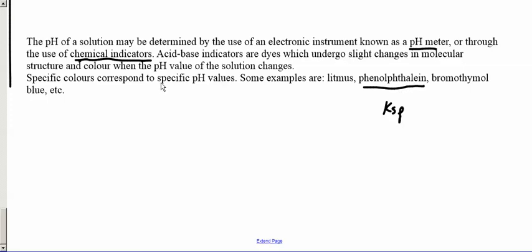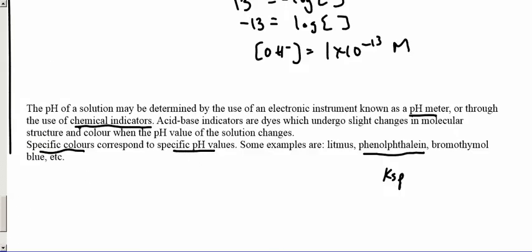There's all sorts of indicators, and they will change different colors at different pHs. Litmus is one of them, phenolphthalein, bromothymol blue, and when you're doing an experiment, you need to know when you want the color to change and at what pH, and you need to pick the right indicator to make sure that happens. And that really gives you a look at pH and some of the problem solving.